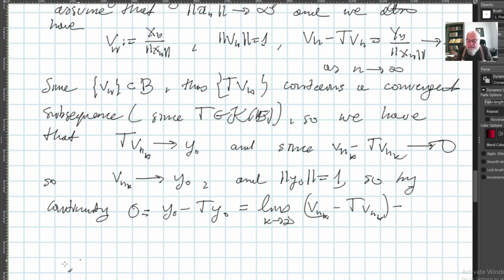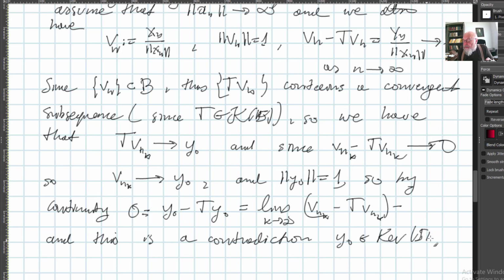Maybe I should write it on that side. And this is a contradiction, because Y naught belongs to the kernel of identity minus T, and Y naught also belongs to L, which is the complement of that space, and it's not 0 because the norm is equal to 1.